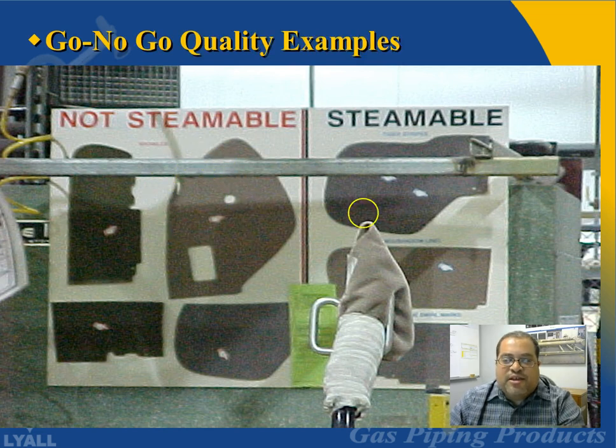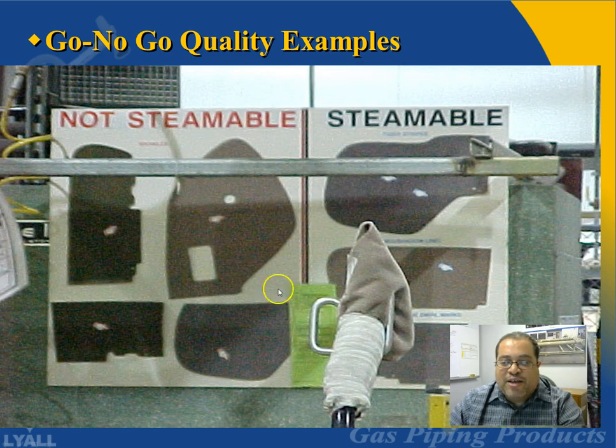Okay, like I was saying again, we have go, no-go examples. We have yes and no. So simple visual resources that you could use as mistake proofing. So obviously, when you see something like this, you know that at some point somebody steamed something that was not supposed to be steamed. And as a result, somebody said, well, let's make sure that never happens again.